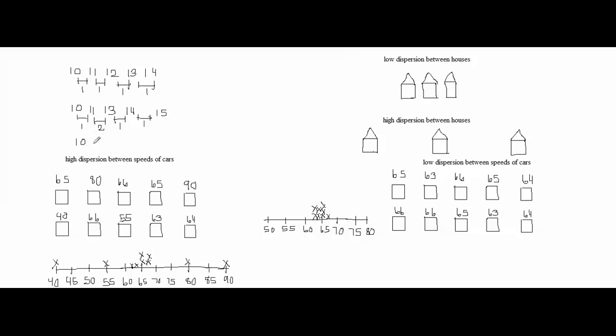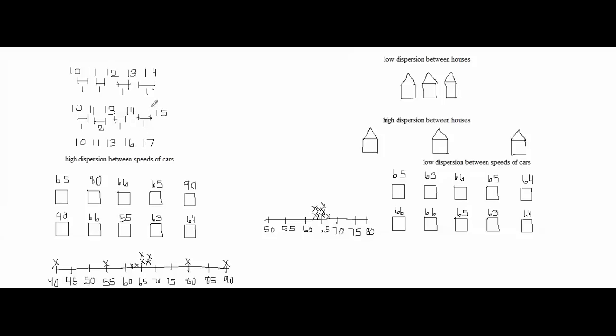So these two numbers will still be 1 apart. We're saying that these two numbers will still be 2 apart. But now, these two numbers will now be 3 apart, so now it'll go from 13 to 16. And let's say that these last two numbers are still 1 apart, so it'll go from 16 to 17.